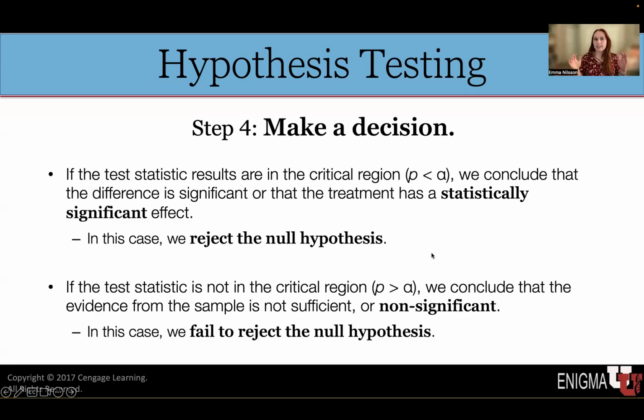But if our test statistic is not in the critical region, if it falls within that middle section of the graph, then we're going to conclude that the evidence from our sample is not sufficient to support a treatment effect. And so we fail to reject the null hypothesis. In that situation, the mean is too similar to the population mean to justify a treatment effect.